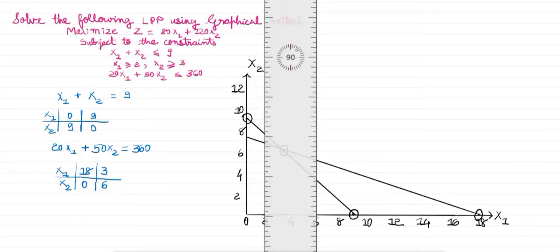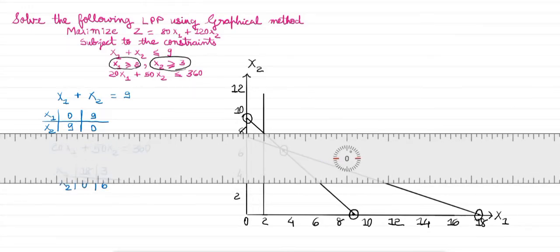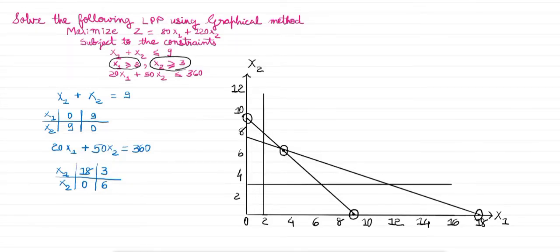Then we'll plot this x1 greater than or equal to 2. That is, x1 is equal to 2, and it will be a straight vertical line. And for x2 is equal to 3, we'll draw a horizontal line. Then our next thing is to label all these lines, which I am giving as 1, 2, 3 and 4.